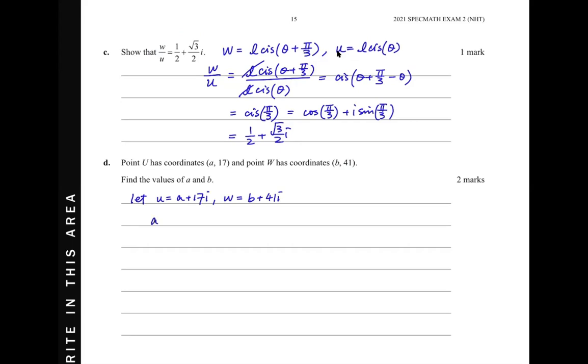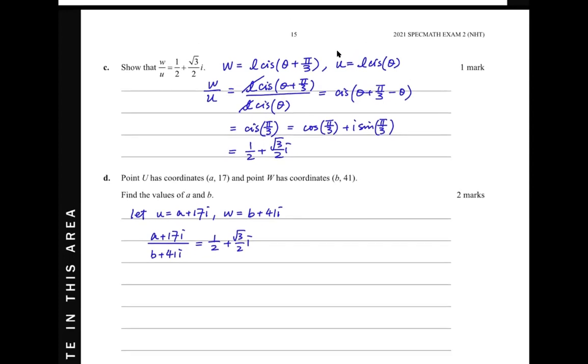And (a + 17i) over (b + 41i) equals half plus half root 3 i. That is one possible equation. We have 2 constants. Do we need another condition? Yep, that's one equation.